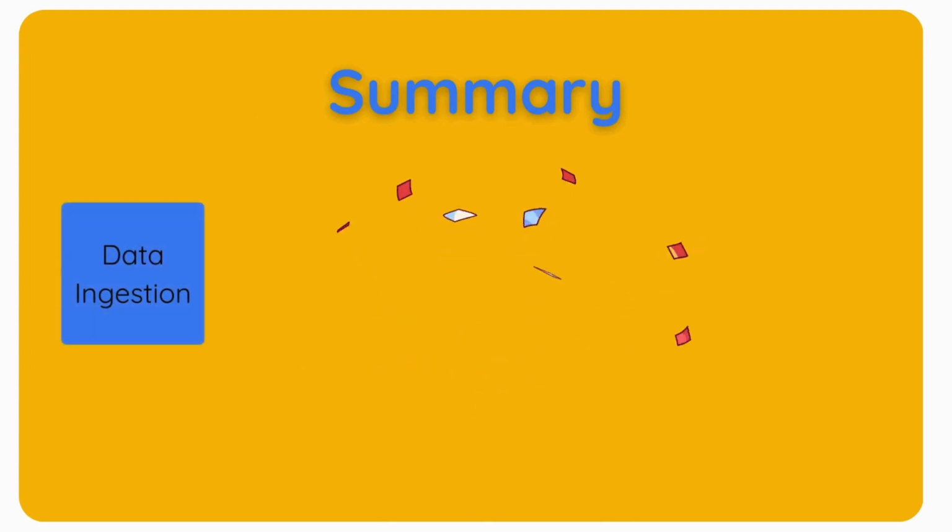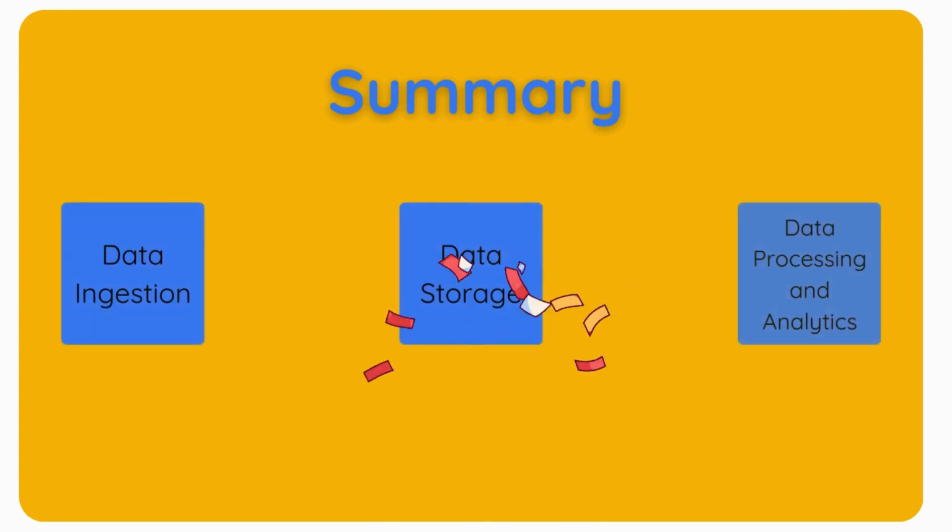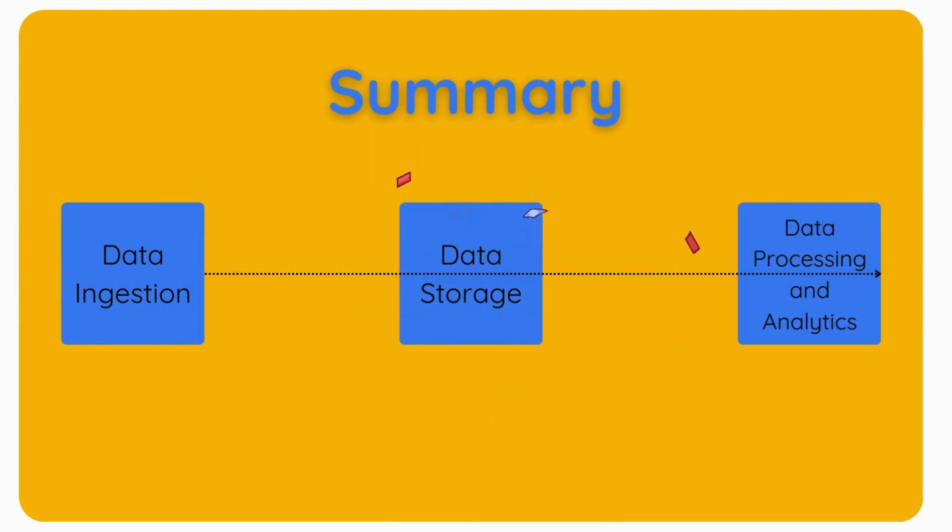In this video, we have explored the comprehensive data lifecycle in Google Cloud Platform, detailing the critical stages of data ingestion, data storage, data analytics, and data processing. We began with data ingestion, highlighting tools such as Storage Transfer Service, BigQuery Transfer Service, and Transfer Appliance that facilitate efficient data import from various sources.